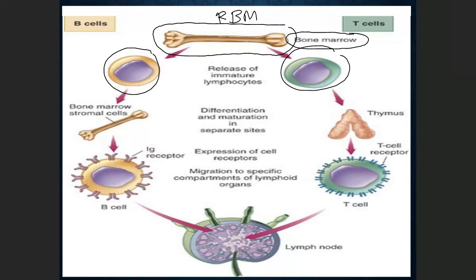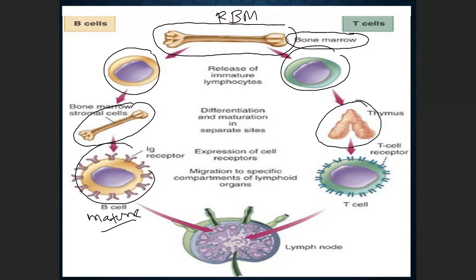So that's the reason why these cells are produced by the red bone marrow. When the B cell is produced, it will stay in the red bone marrow to mature. So it becomes a mature B cell in the red bone marrow. The T cell will move to the thymus gland to mature.